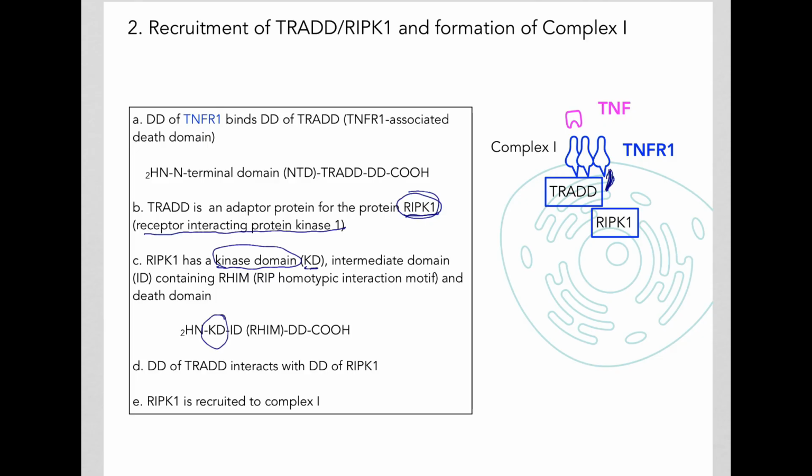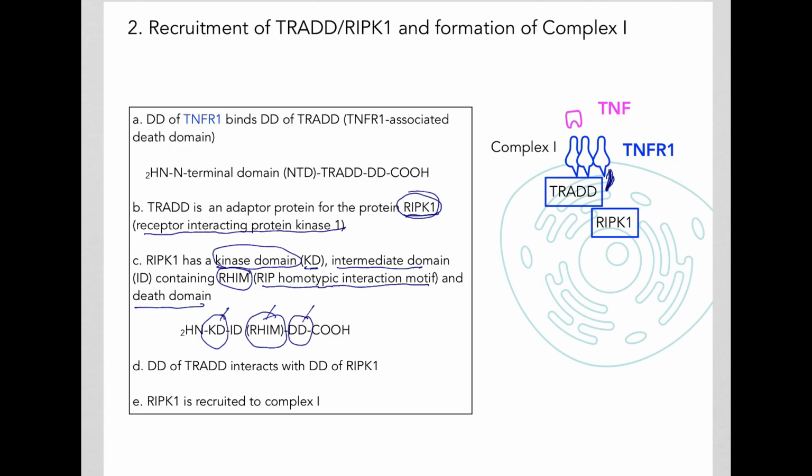Then it has an intermediate domain that contains a RHIM domain, which stands for RIP homotypic interaction motif. So then you see the RHIM domain, and RIPK1 also has a death domain, DD. Okay, so we see the enzyme domain, the RHIM domain, and the death domain.